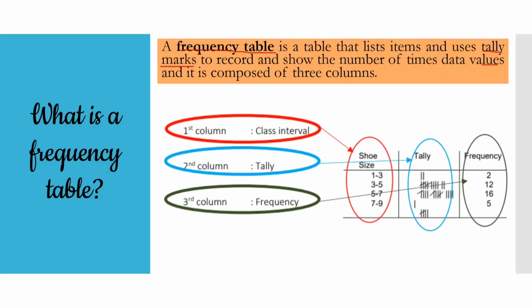So here are the 3 columns. The first column shows the class interval, the second column shows the tally, and the last column or the third column shows the frequency. So those are the 3 parts: class interval, tally, and frequency.